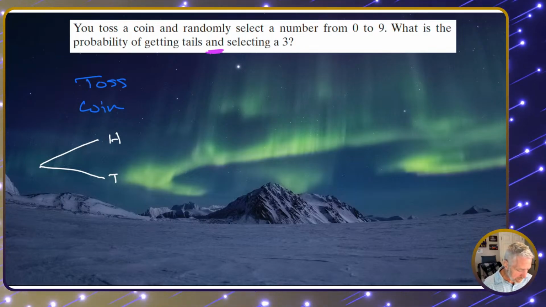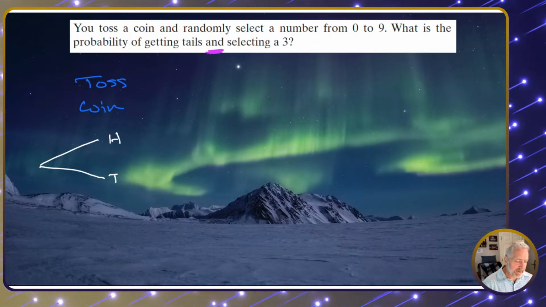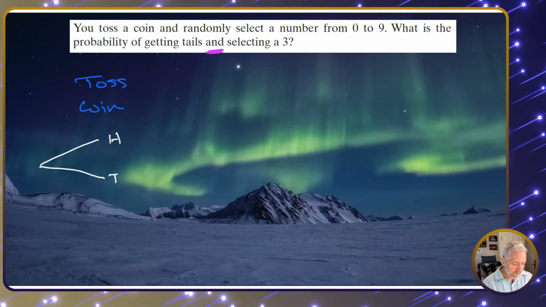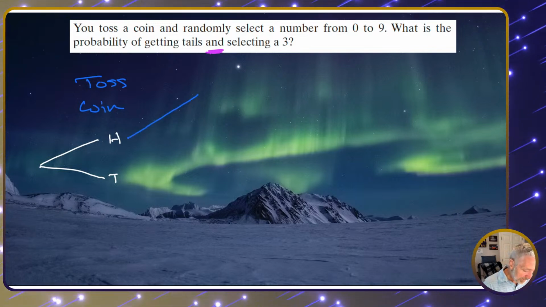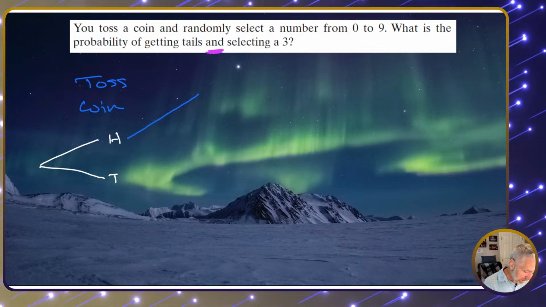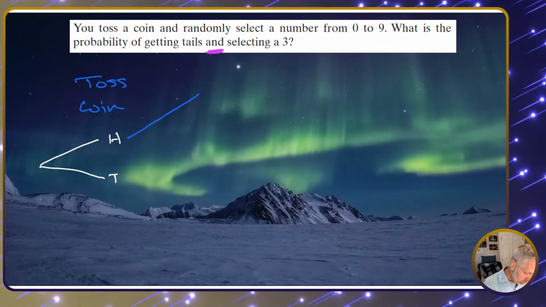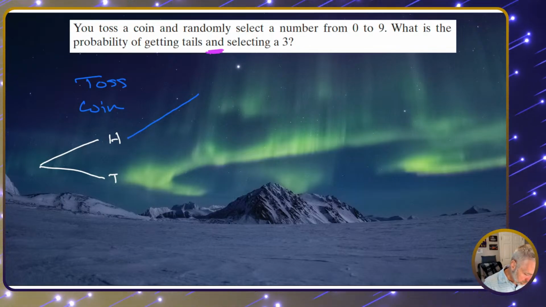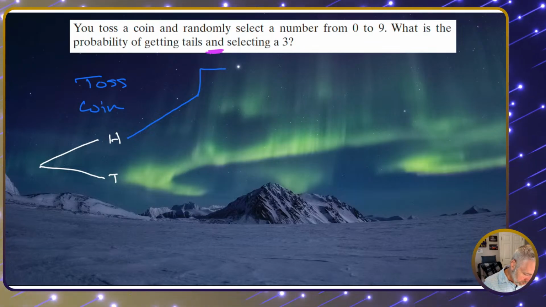Okay, this is going to get messy, but it looks like this. If I toss the coin and get heads, after heads, I could get 0 to 9.